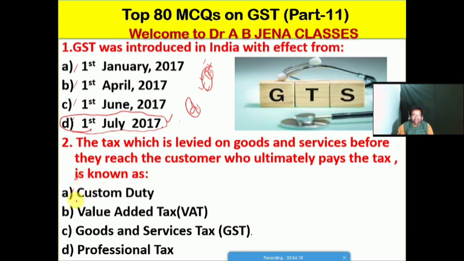A, customs duty; B, value added tax; C, GST, meaning goods and services tax; D, professional tax. So friends, C is the right option for this MCQ. During our discussion, we will definitely discuss the vital and important concepts with regard to GST and indirect tax.